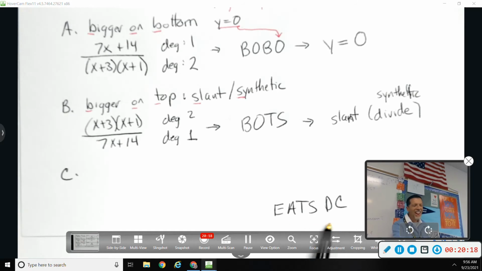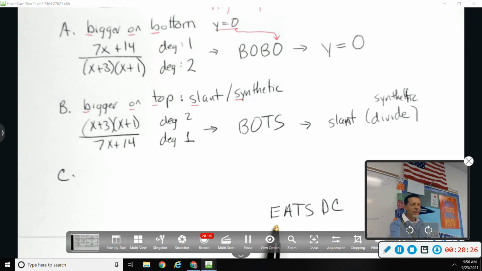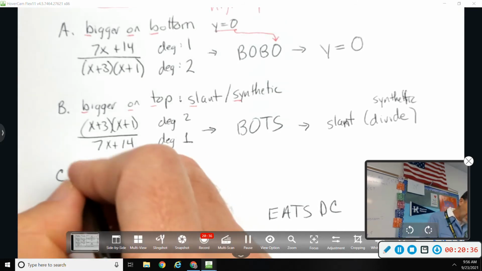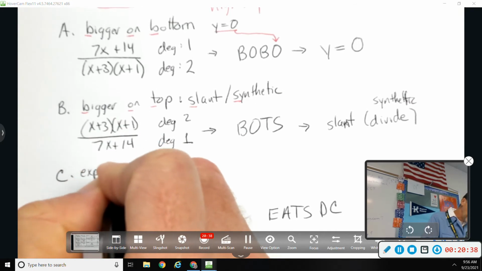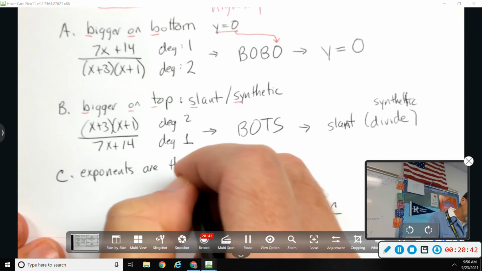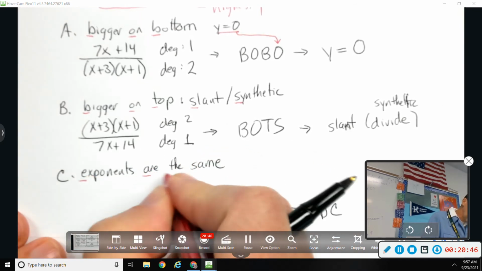E doesn't stand for equal. When you say they're equal, what is equal? That will tell you the E. The degree is equal, but another word for degree that starts with an E: exponents are the same. That's the E part. Exponents are the same.